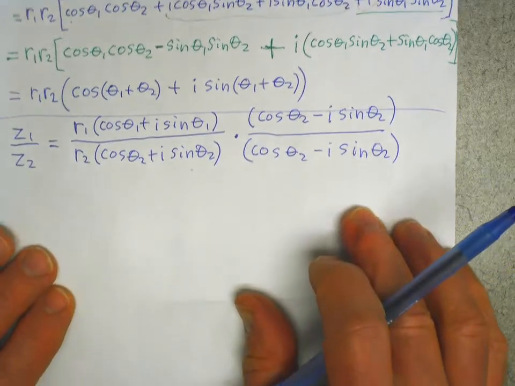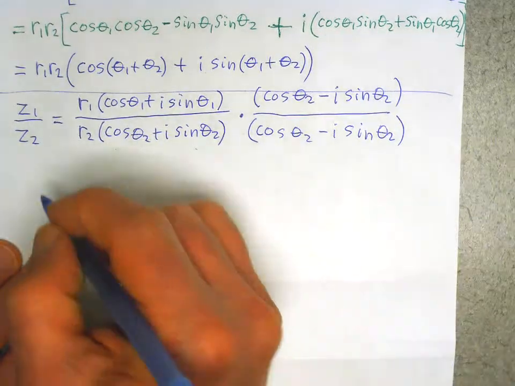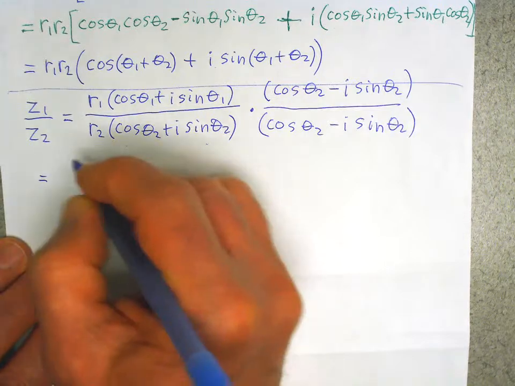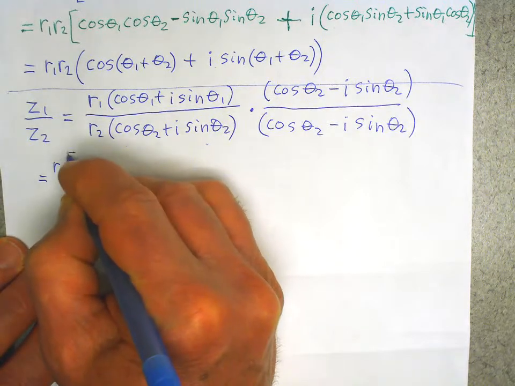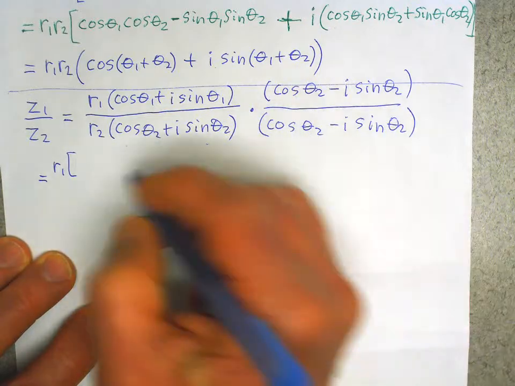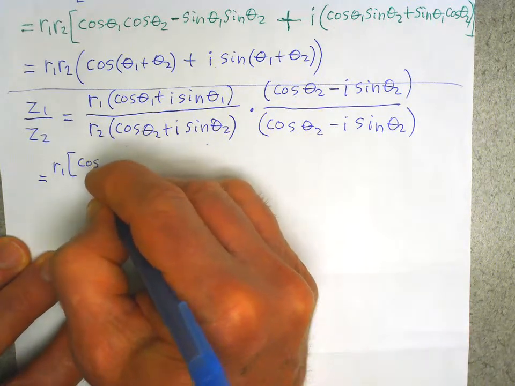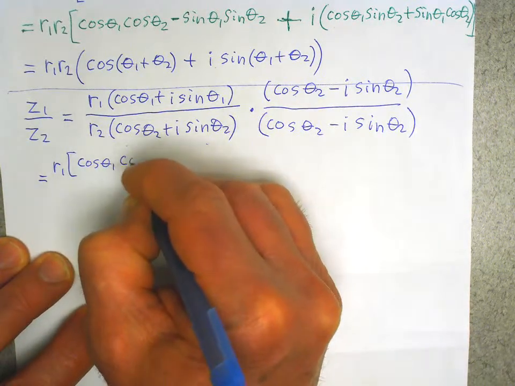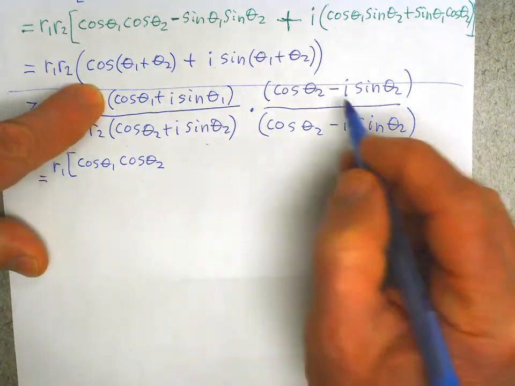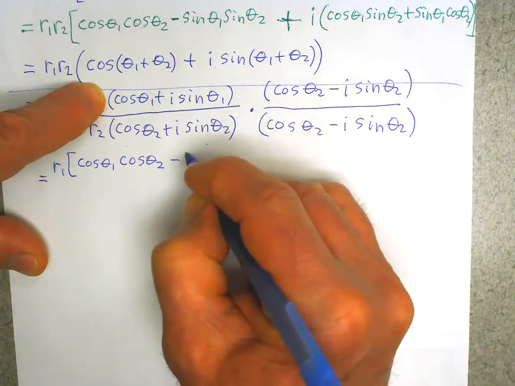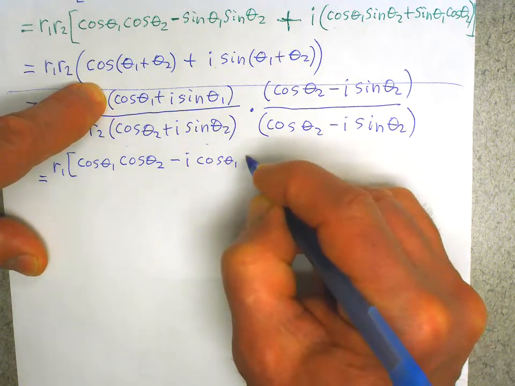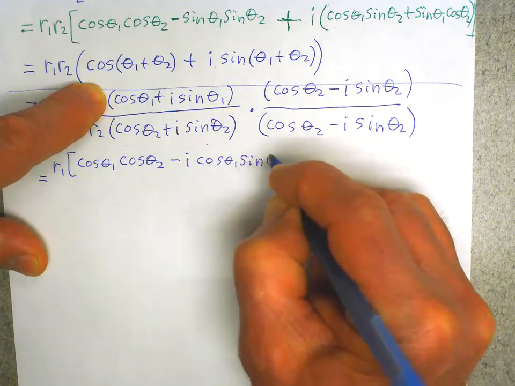So we'll do the multiplication. Up here we have r1, and then cosine of theta 1 times cosine of theta 2. And then minus i times cosine of theta 1 times sine of theta 2.